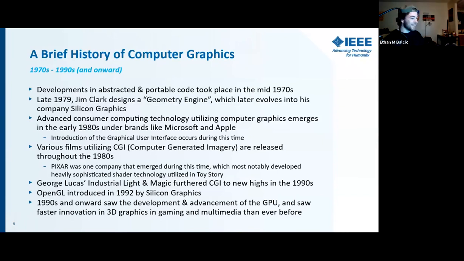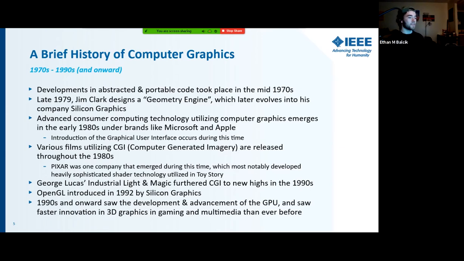Anyways, probably the most significant point on this slide is the development of the GPU in the 1990s. It's literally just a piece of hardware that's optimized for graphics, because we're so dependent on the ability to see things on the screen and to understand system statuses and everything.